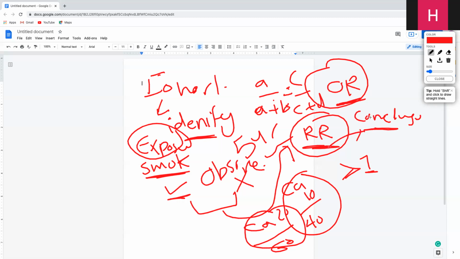When this investigator came up with his conclusion about the odds ratio, the way he put the sentence was wrong. Let's say he was talking about OCP. I don't remember what the question was about, but let's say it was about OCP and breast cancer.